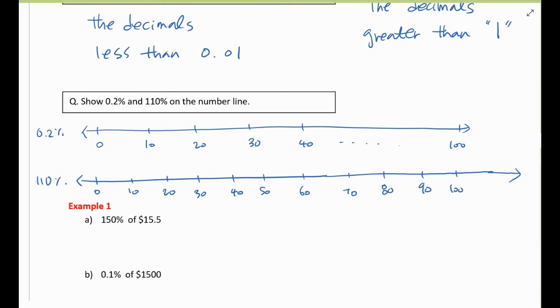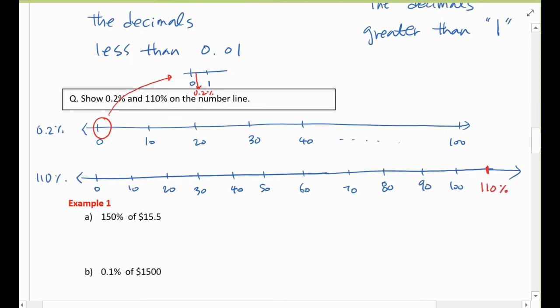All right, everyone. 0.2% is even less than 1. You have to find a very small area. So here you have 0 and you have 1. So 0.2% should be somewhere here, a very, very small number. And 110% is greater than 100, so that should be over here.